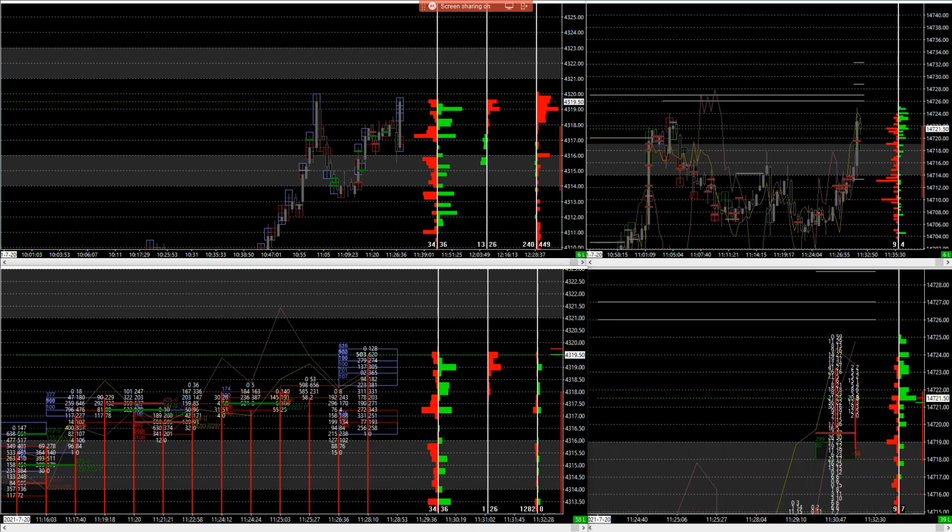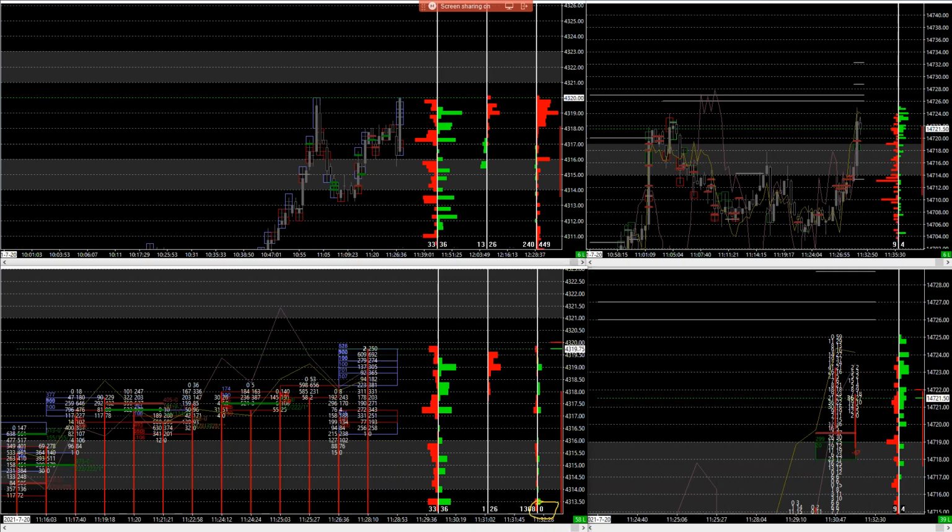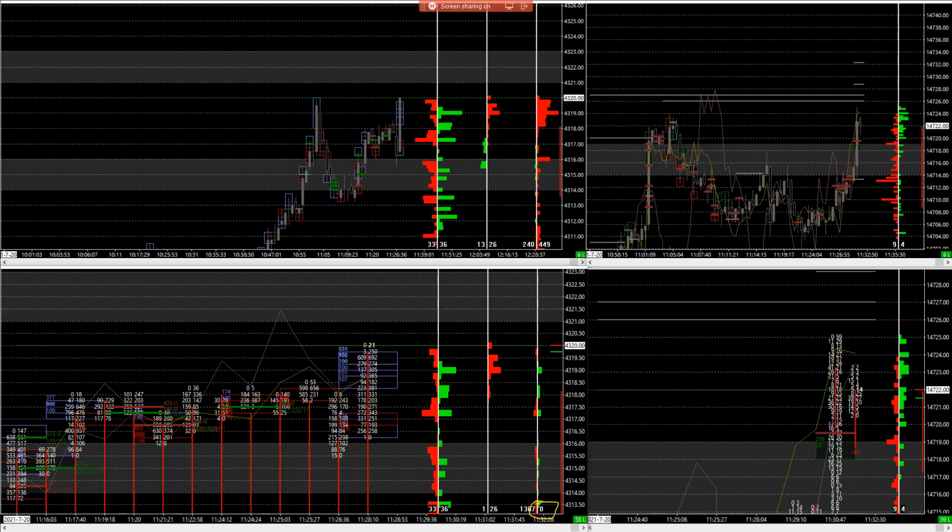Everybody who's short is stuck when you're on the high tick of the day. Oh, that's right, so he just ticked up and now he's not stuck anymore. Nobody in our sample size is stuck long yet, and it makes sense because we're ticking the high of the day. You would actually have to have someone open long at 20 and tick down to 19.75. Three people did that, five people did that.